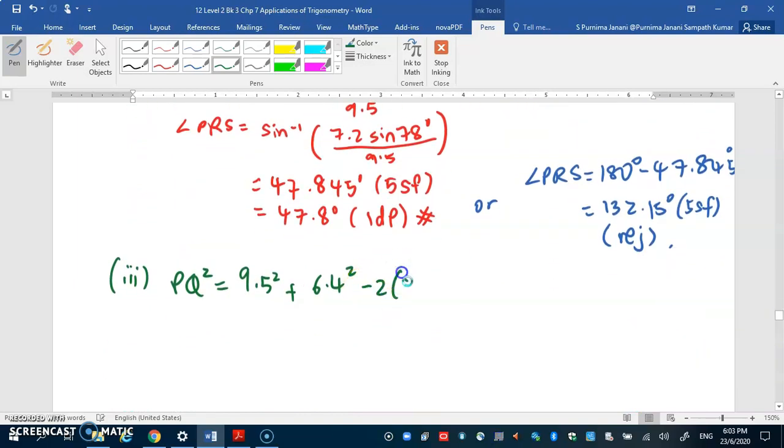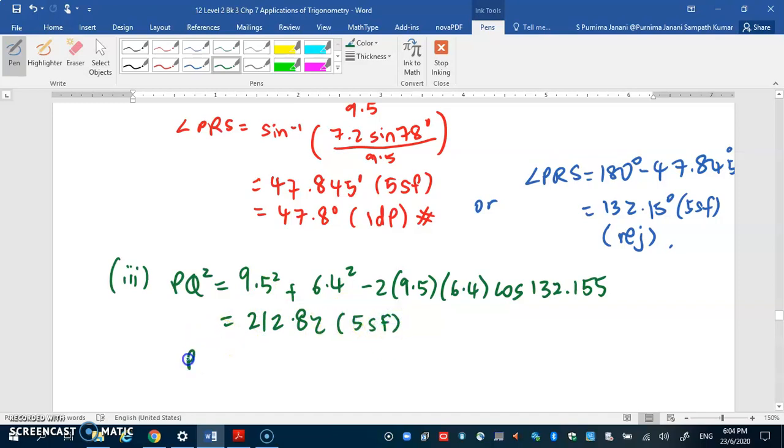So minus 2 times 9.5 times 6.4 times cosine 132.155. Okay, you press the whole thing into the calculator and then you can take square root. So 9.5 square plus 6.4 square minus 2 times 9.5 times 6.4 times cosine 132.155, you'll get some 212.822 to 5 SF.